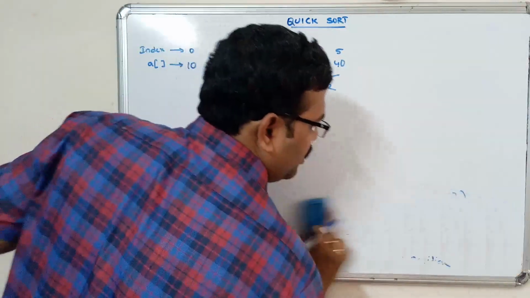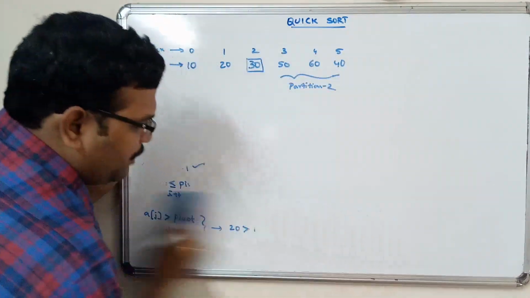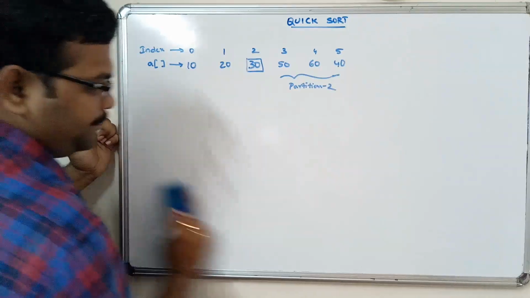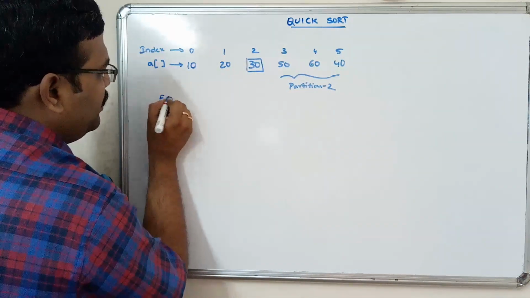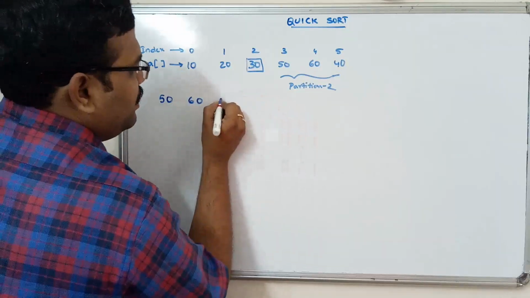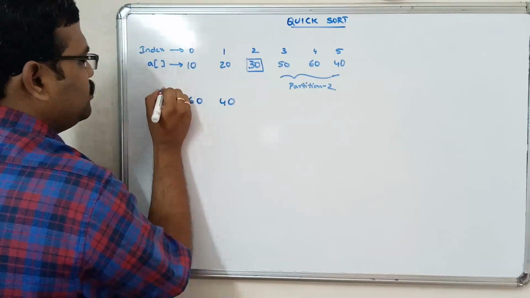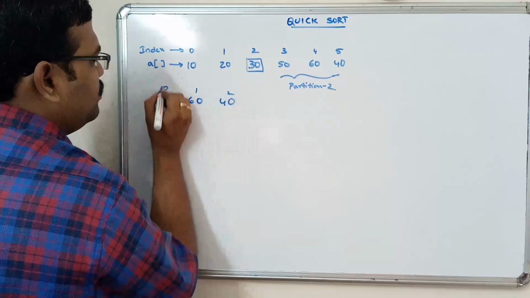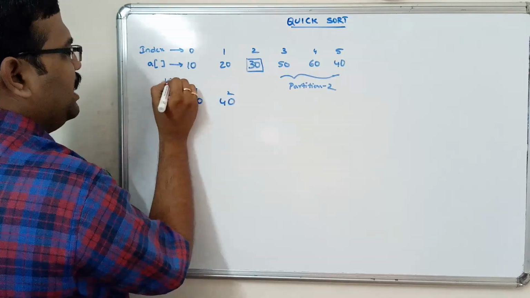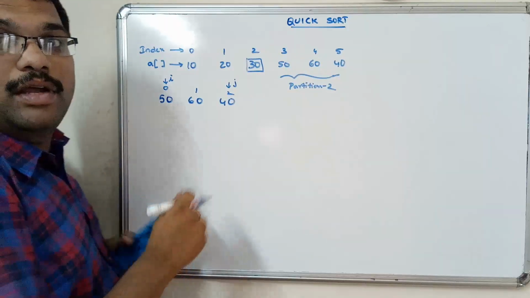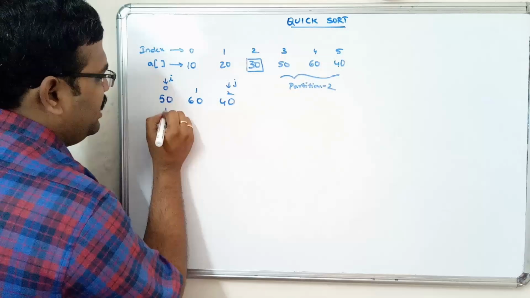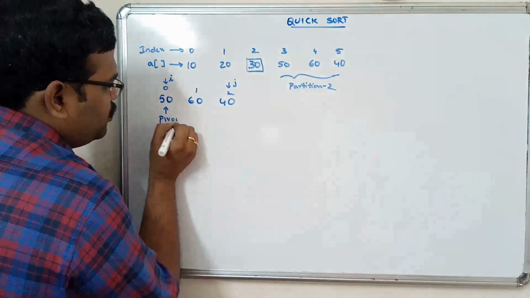Now we will repeat the same process with the partition 2. So 50, 60 and 40. So 0, 1 and 2. So this is the I value, this is the J value, and this is the pivot.